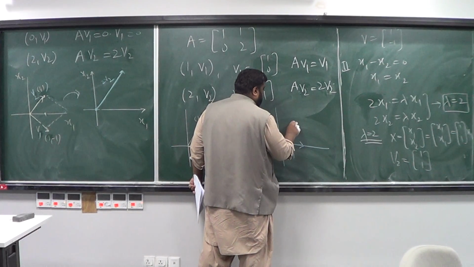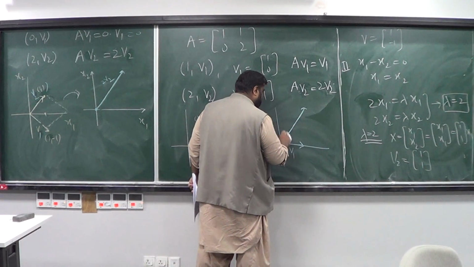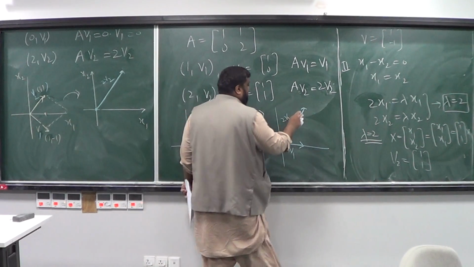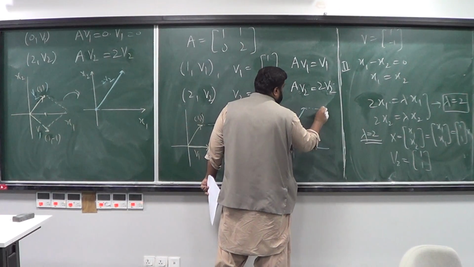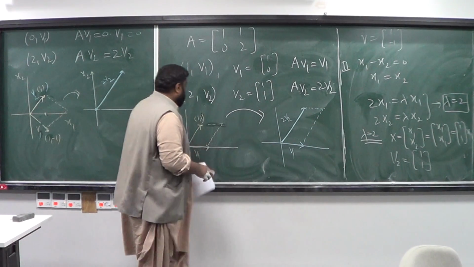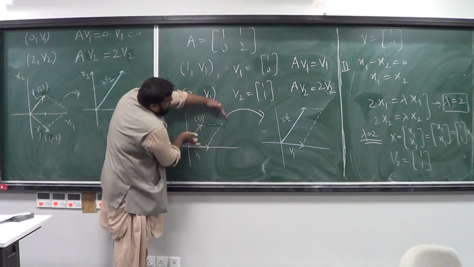So if this is (1, 1), it becomes double. So this is really the vector 2V2. And if you see what will happen with it, now this rectangular region has been a bit stretched.